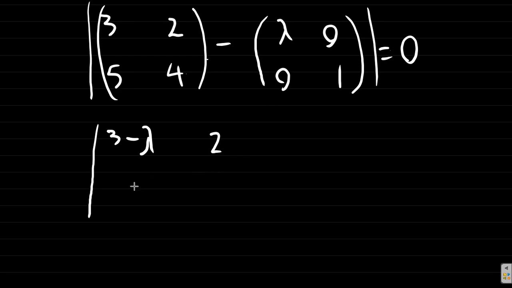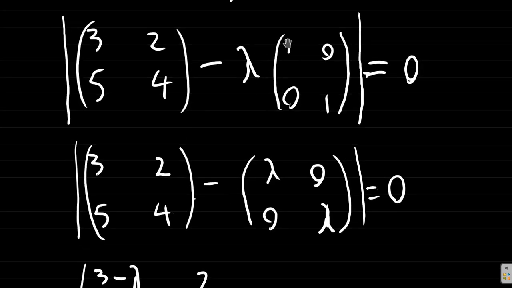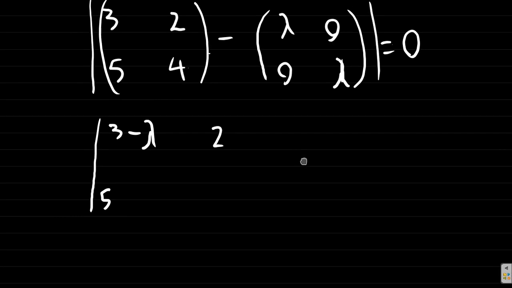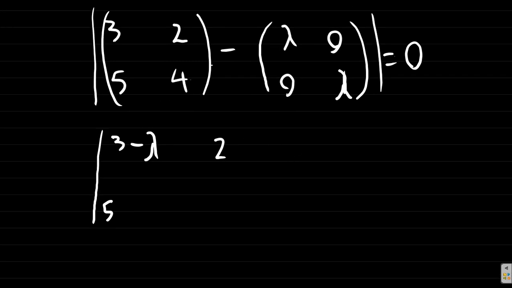Then 5 minus 0, which is just 5. And then, oh, this is lambda. Why did I put 1 down here? Lambda times 1. Then we have 4 minus lambda. The determinant of that is 0. See that?